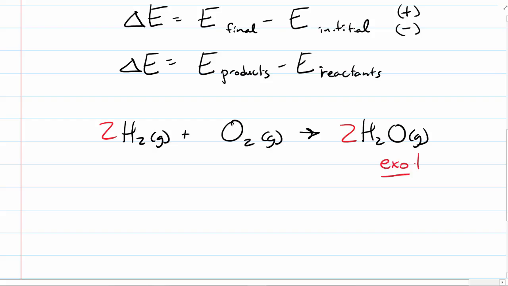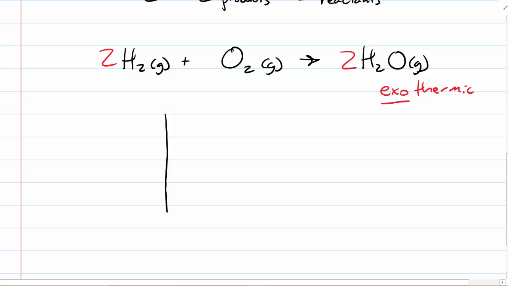So we should then be able to make a plot in which we plot energy, that is the internal energy, versus time. Now by definition, an exothermic process is one that releases heat. So it releases energy to the surroundings.